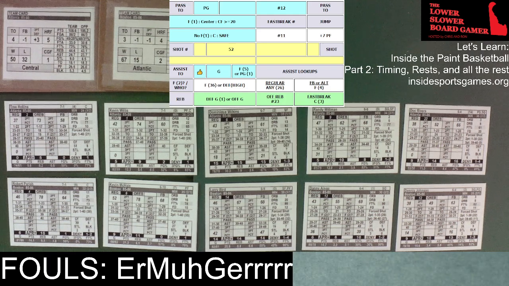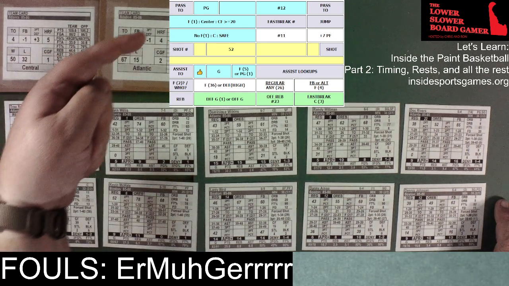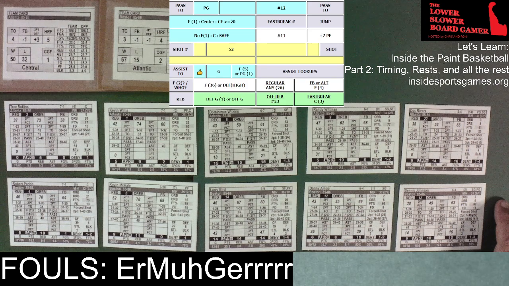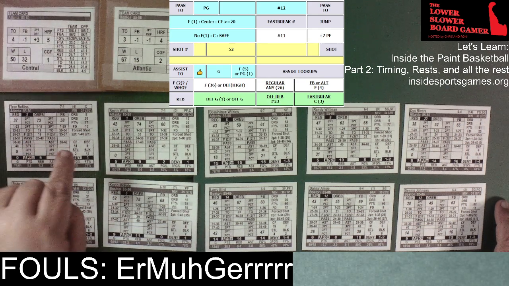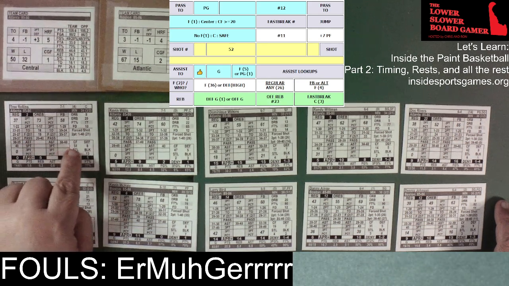First is your garden variety foul. Let's say we use the card, and Dennis Johnson, the point guard, has the ball. There is a possible stoppage of play right here that says if the opposing center has a foul commit factor of 20 or greater, there's a non-shooting foul.